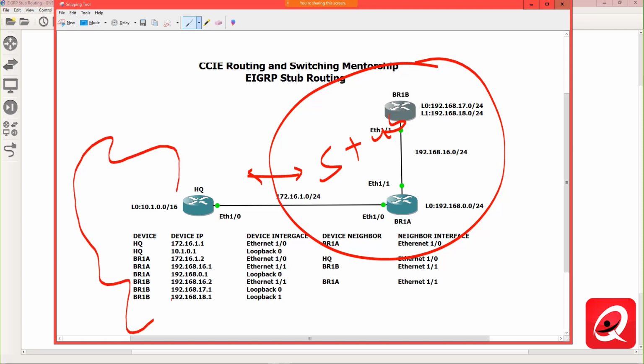And if you can imagine behind HQ, there's a whole bunch of routes and a whole bunch of networks because that's our headquarters router. We didn't necessarily simulate that in this particular case, but there's no way to design into this topology a feasible successor because we only have one way in and one way out.